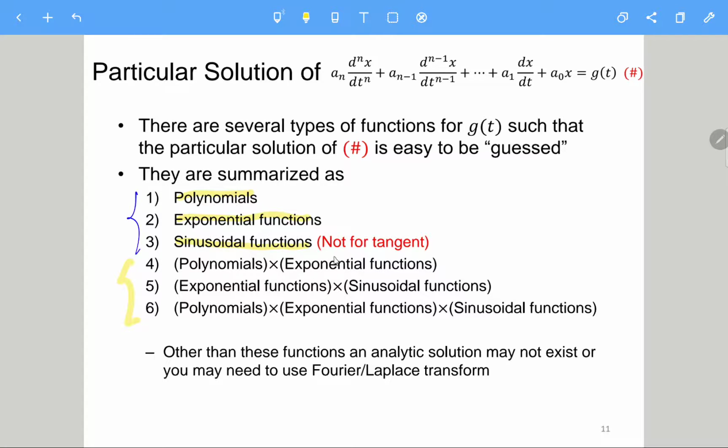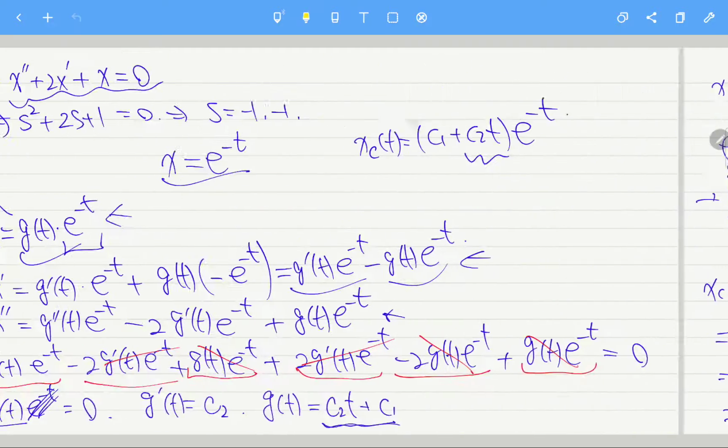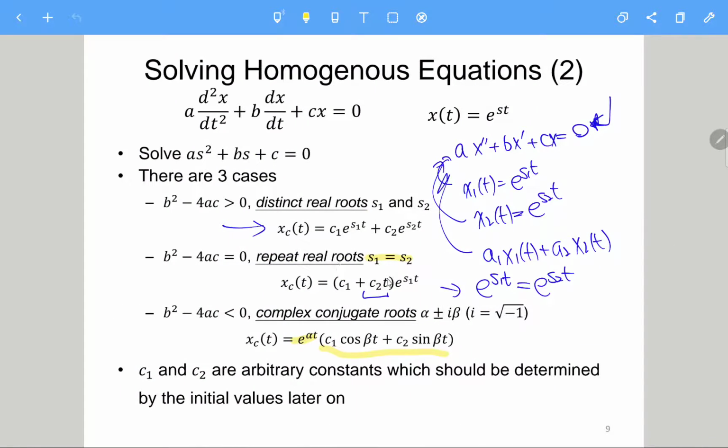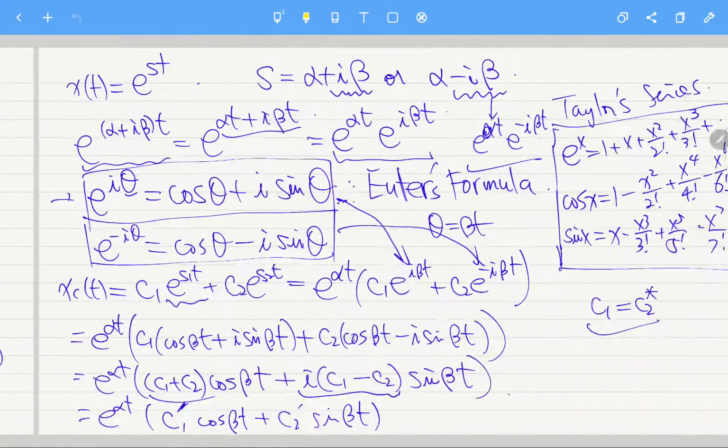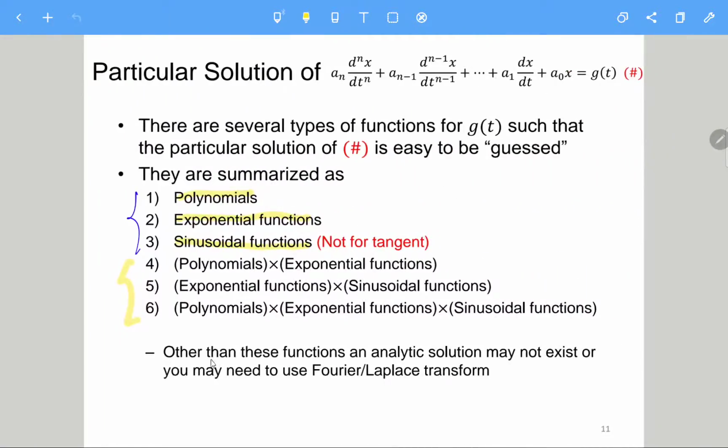Maybe a polynomial multiplied by an exponential, one will appear something like this one. It is like a polynomial multiplied by the exponential function. So other than these functions, an analytical solution may not exist, or you may need to use some advanced mathematics like the Fourier transform or Laplace transform to really solve it.